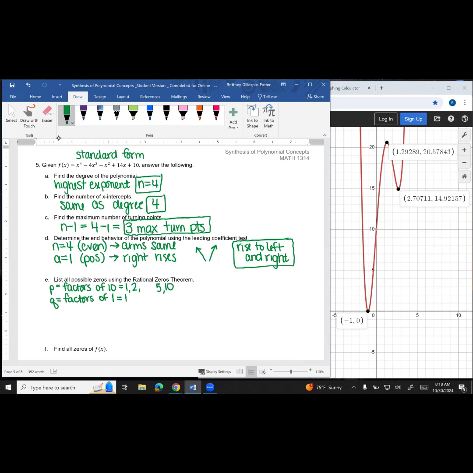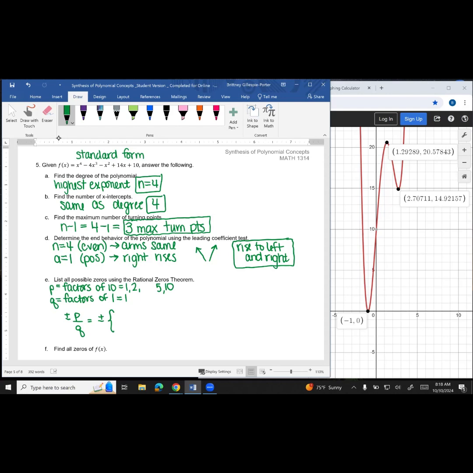Now that we have both our P and our Q, we can do our plus or minus P over Q. And I'm going to do the plus or minus outside of the bracket because then I don't have to write positive 1, negative 1, positive 2, negative 2.